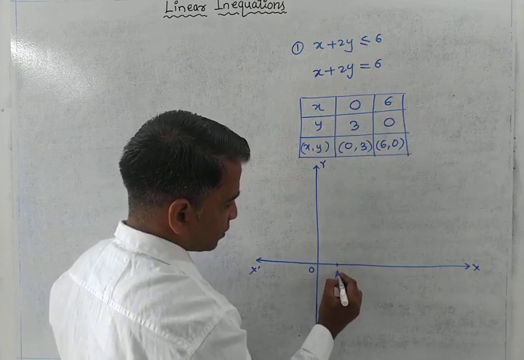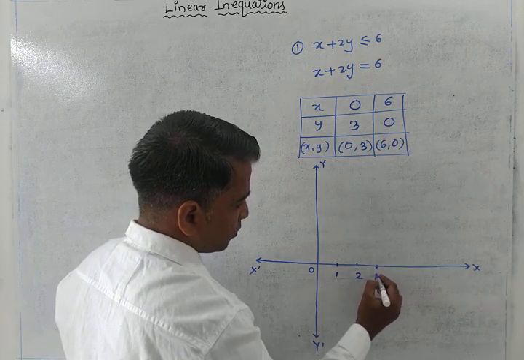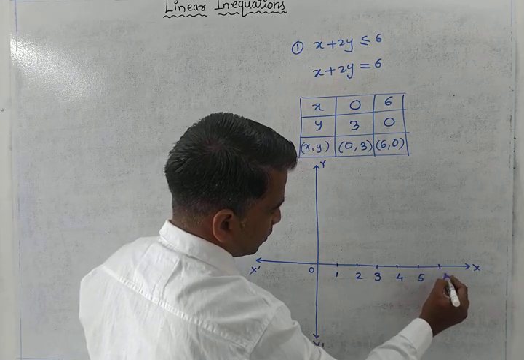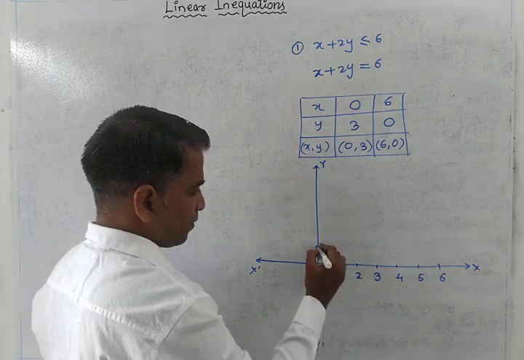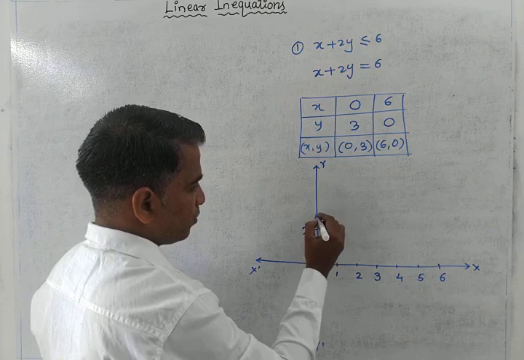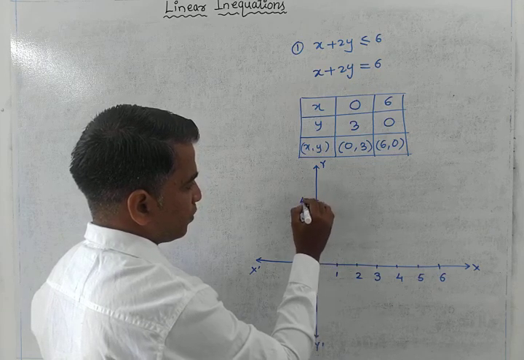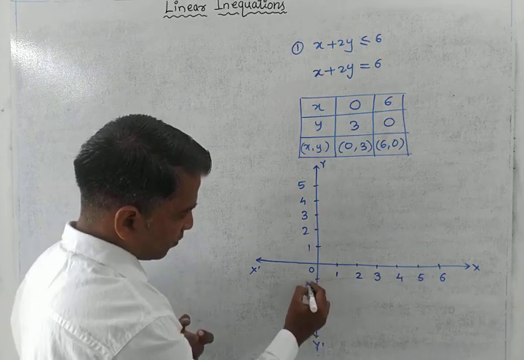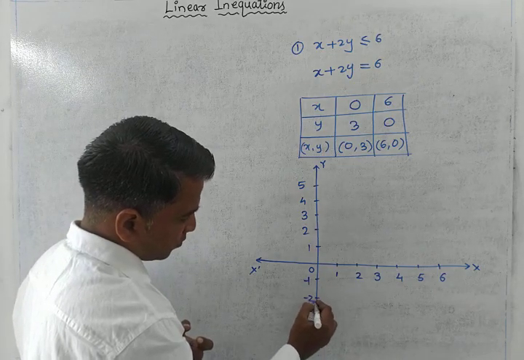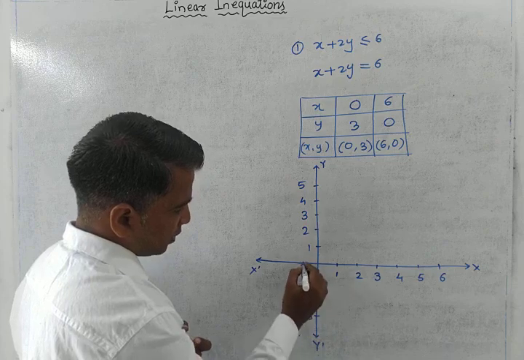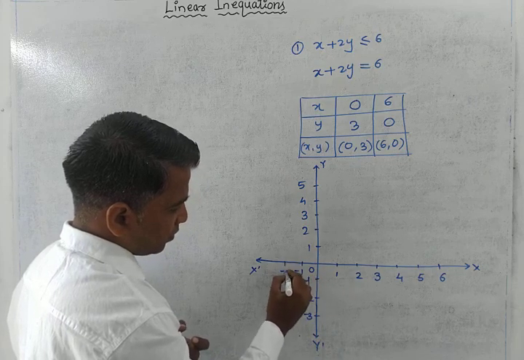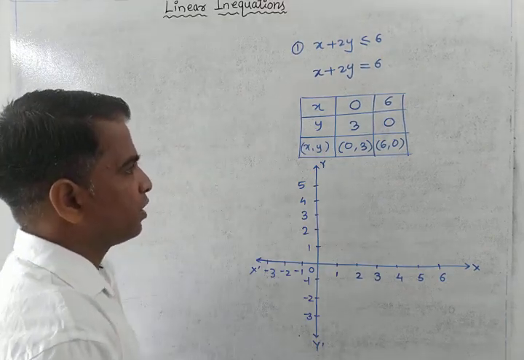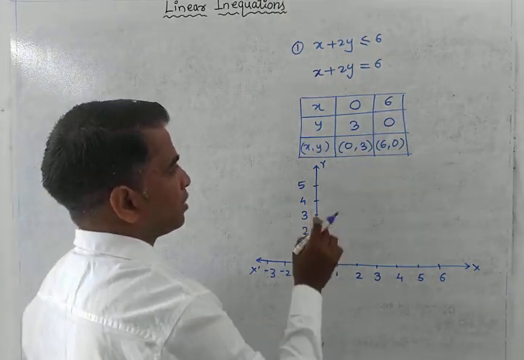So 0 is there, then 1, 2, 3, 4, 5, 6. And on the other side, if you want, -1, -2, -3. So let's begin with drawing.